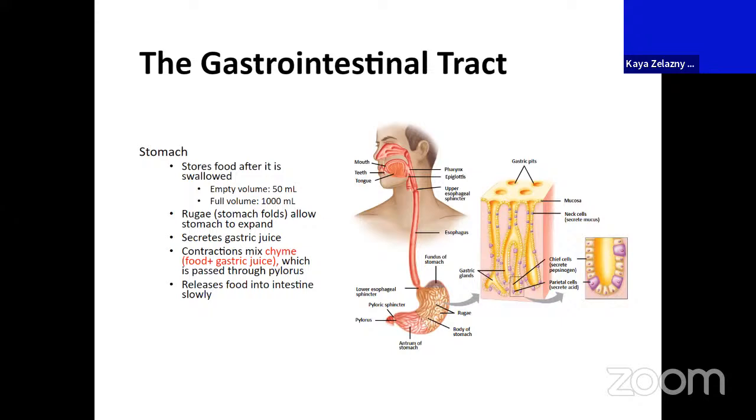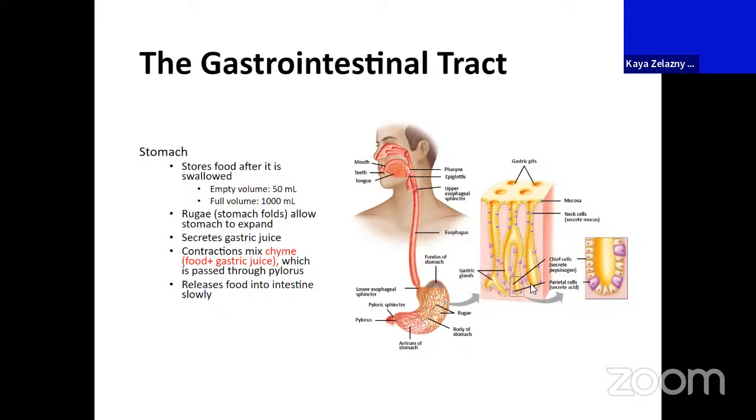Now, the walls of the stomach, in addition to just holding your food, are going to have digestive actions and some protective action. Okay. So the walls of the stomach have glands within them that secrete gastric juices. We can see here in the walls of the stomach these gastric pits that take you down into glandular tissue, right?